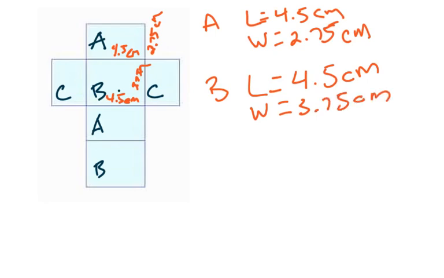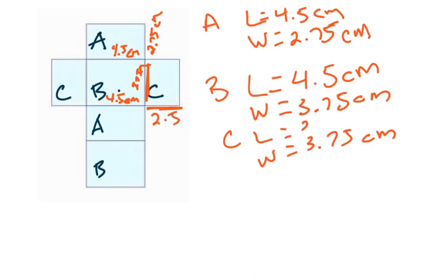And then we have our C's, right? Well, for C, my width has to be the same as the B width, right? So 3.75 centimeters. And now my length, I'm going to make that 2.5 centimeters. Okay, so I'm going to find the area of each one.